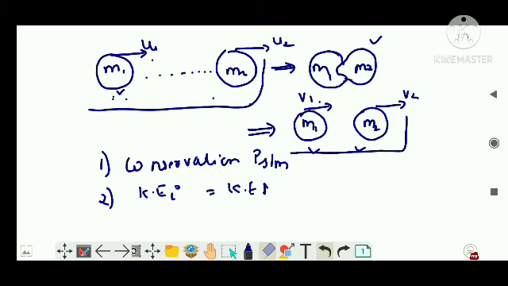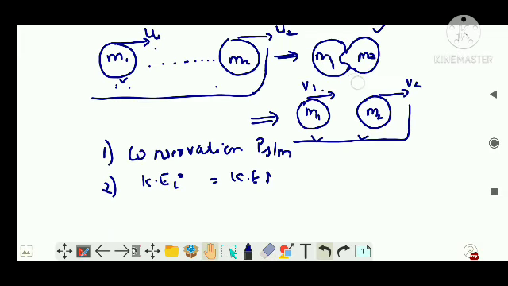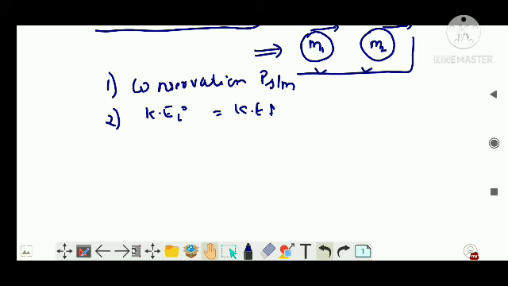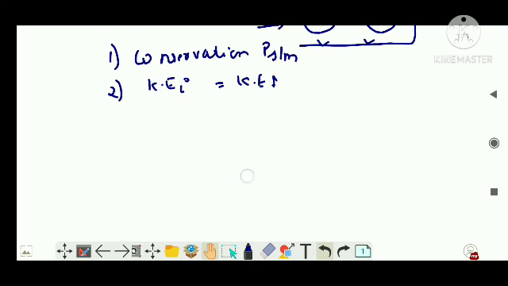But it is found that after that deformation, when they get their initial shape back, the final kinetic energy of M1 and M2 is equal to the initial kinetic energy of M1 and M2. That is the actual statement, because there is an intermediate step where the kinetic energy can change. But obviously, final kinetic energy is equal to initial kinetic energy. That is a small change, but good to know, right?